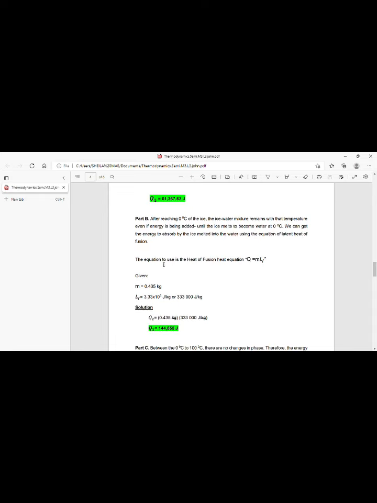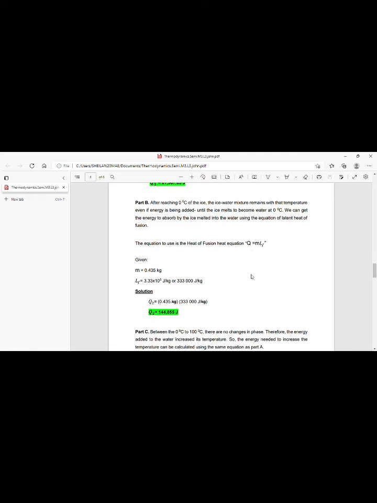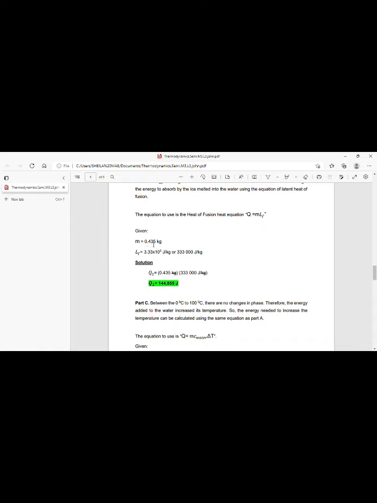The latent heat of fusion. This is the equation that we are going to use. The heat energy is equal to the mass and the latent heat of fusion. Given the mass is still 0.435 kilogram.